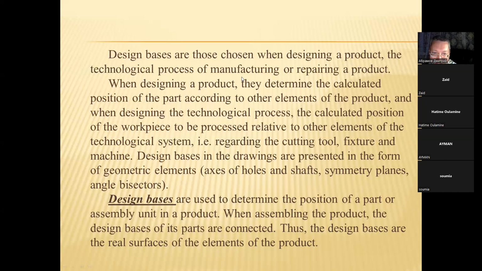Design bases are used to determine the position of a part or assembly unit in a product.